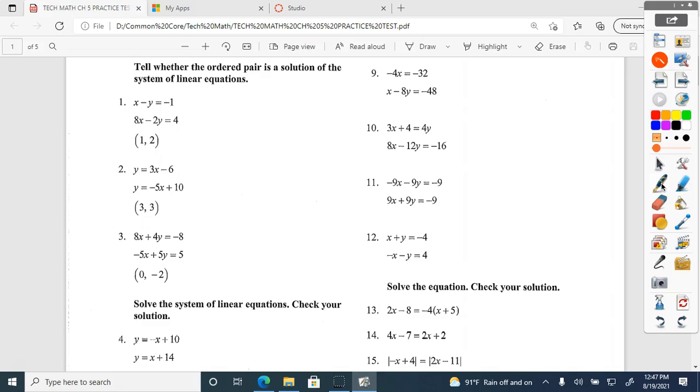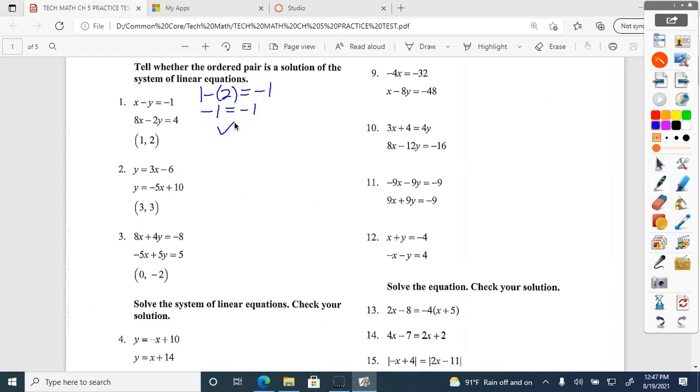1, 2, and 3. All we're doing is checking to see if these points are solutions to that system of equations. How do we do that? Real simple. Plug them in. So we're going to plug in 1 and 2 for x and y. So this would be 1 minus 2 equals -1. Is that true? Yes. That one works.